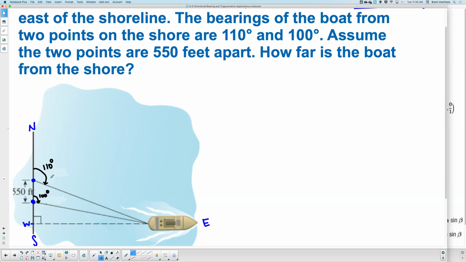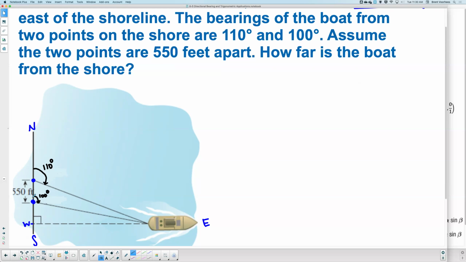Now, how do I know which one's 110 and which one's 100? This one has more of an angle than this one. So I'm going to say this one's 100, this one's 110. It says assume the points are 150 feet apart. How far is the boat from the shore?